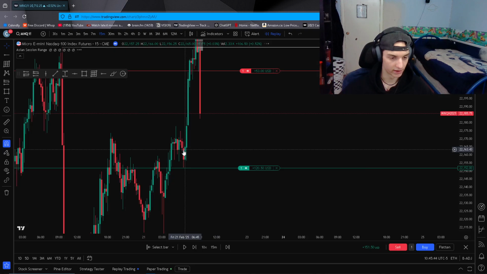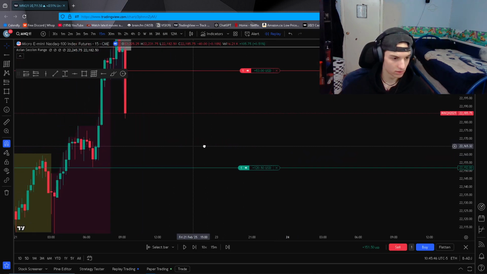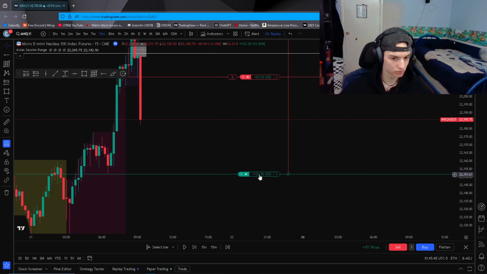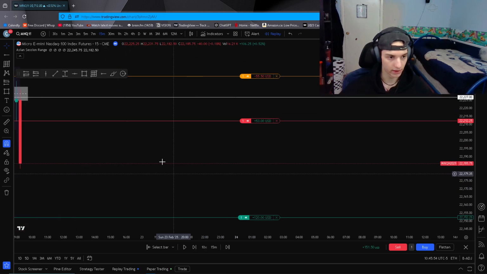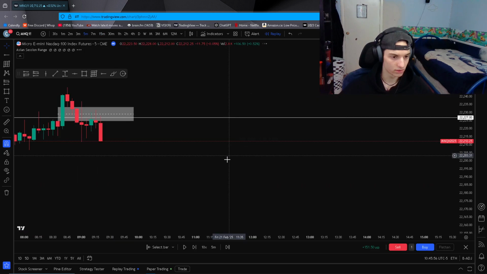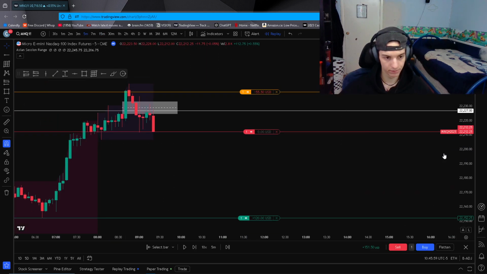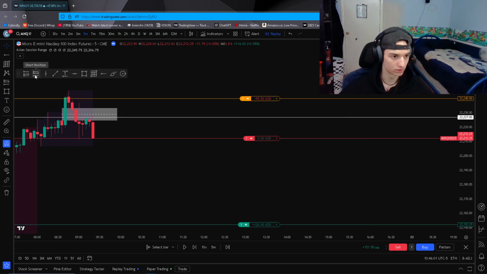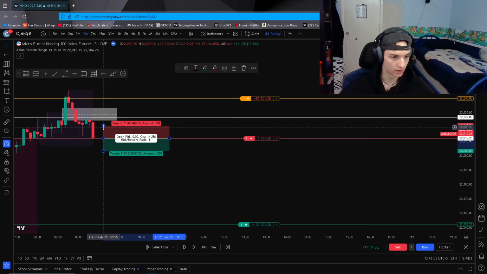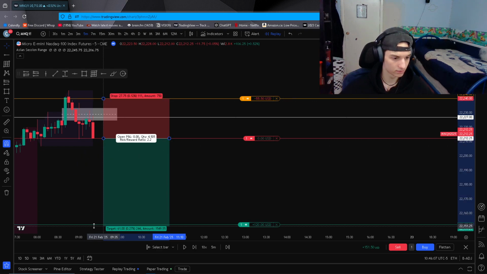So I'll go to the 15. Yeah, I like these lows. Can I put it on it? Damn. Let's go back to the 5 minute. Pull out our short position tool. Bam. Let's see what our risk to reward is.